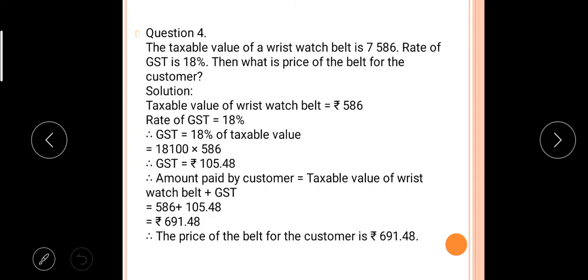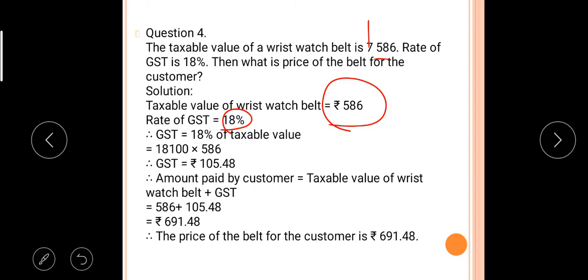The taxable value of a wristwatch belt is rupees 586. Rate of GST is 18%. Then what is the price of belt for the customer? Taxable value of wristwatch is rupees 586. Rate of GST is 18%.